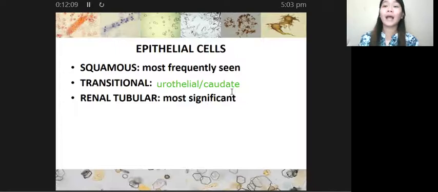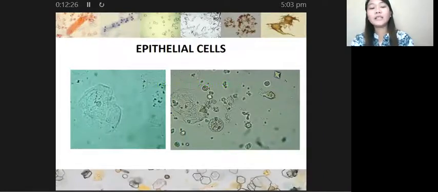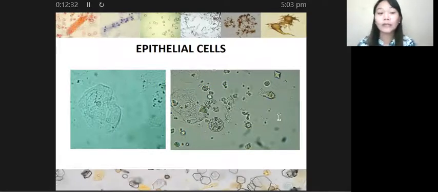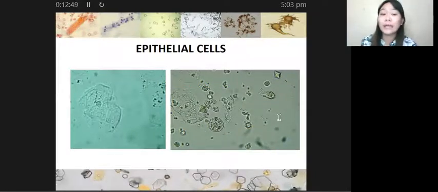How do they look under the microscope? Okay, so we have your epithelial cells. Take note that your squamous epithelial cells are considered the largest sediment found in your urine, the largest cell in urine sediment.